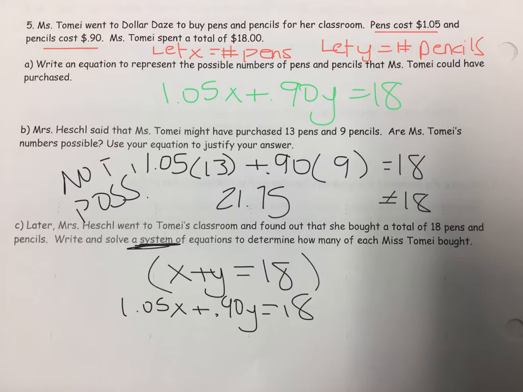Multiply the top by whatever is going to cancel out 1.05. Multiply the top by negative 1.05. And distribute. So we have negative 1.05x minus 1.05y is equal to negative 1.05 times 18. That's negative 18.9. And then you keep going.